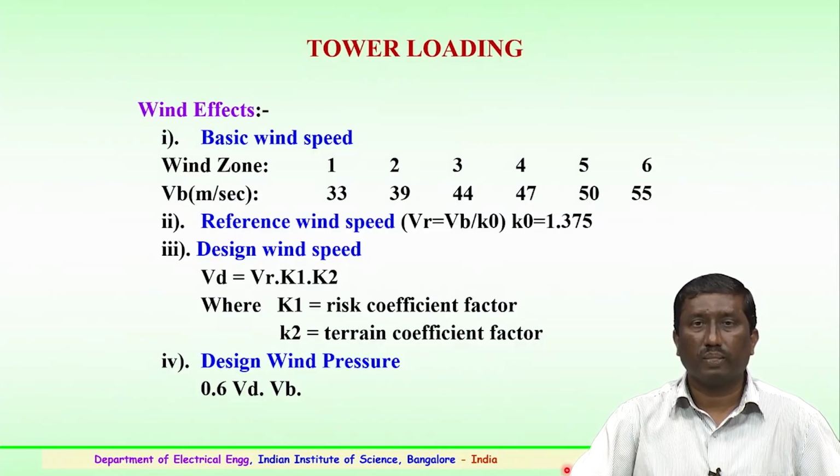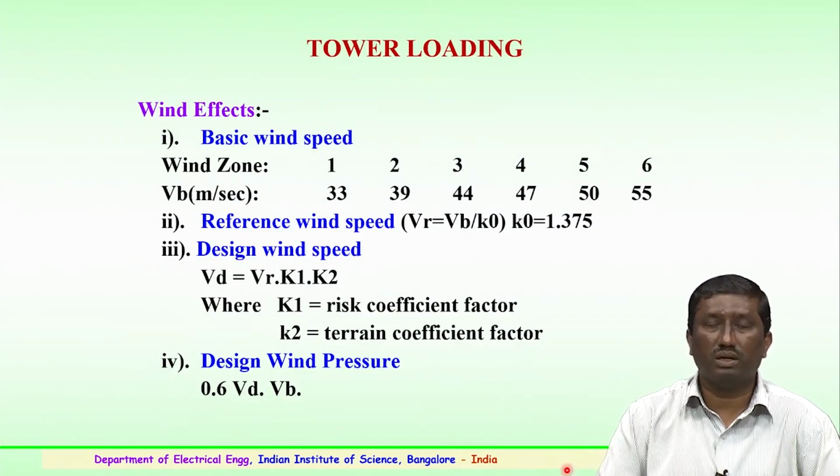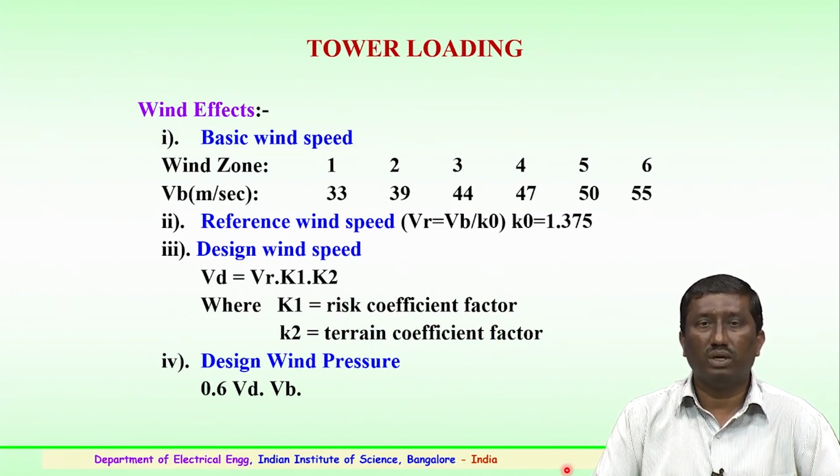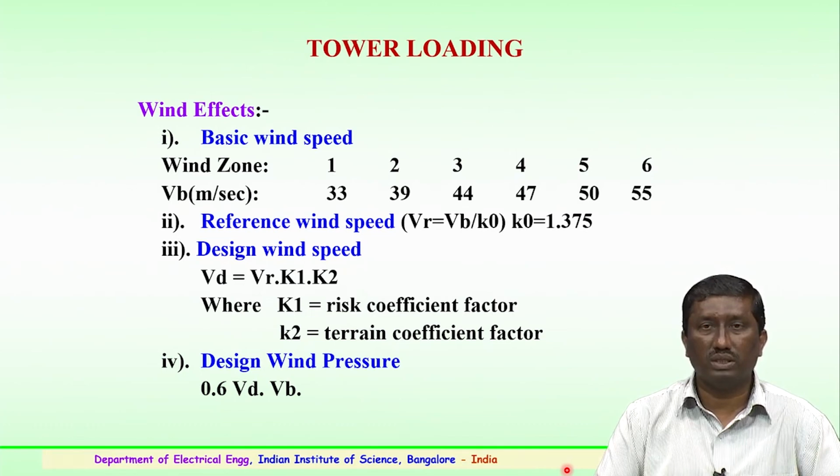So, how to consider the tower loadings? Very important aspects. We have discussed the conductor mechanical loads, the insulator strings, and the wind effects in some of the zones where the transmission towers are being constructed. So, these wind effects on tower loading have to be considered before estimating the actual tower loading, apart from the insulators, line conductors, and several accessories.